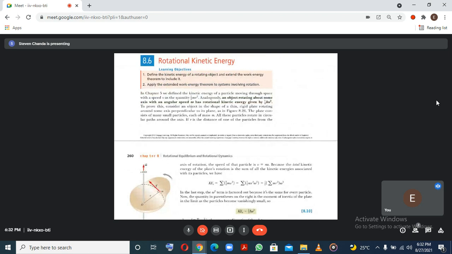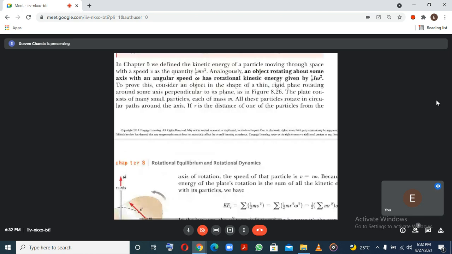Then the other concept we look at is rotational kinetic energy. When an object is moving, it's going to have kinetic energy, which is half mass times velocity squared, right? In the same sense, when an object is rotating, mass is analogous to what?